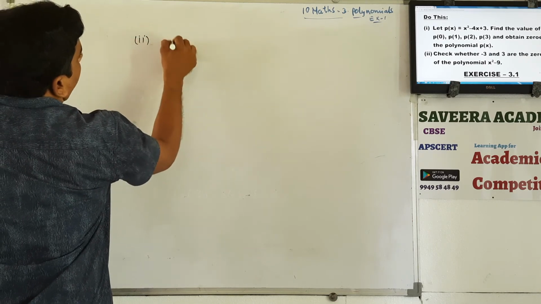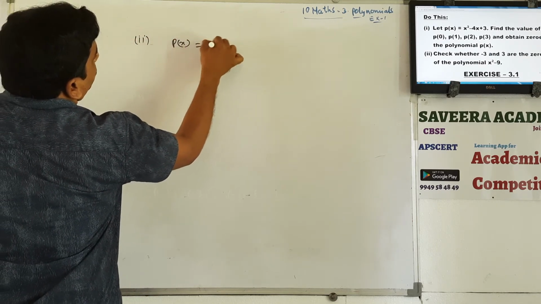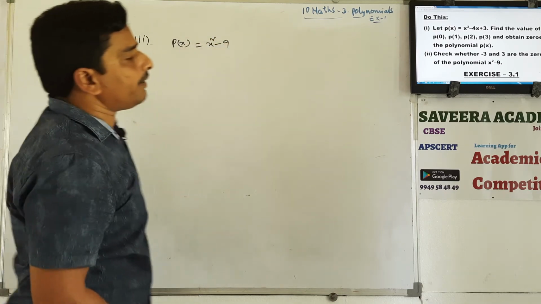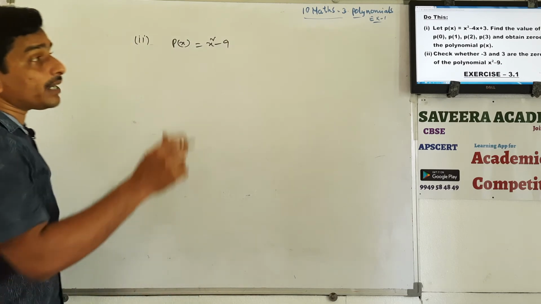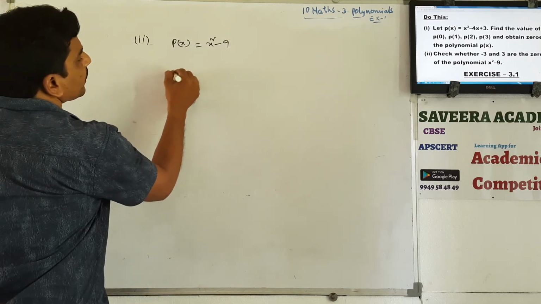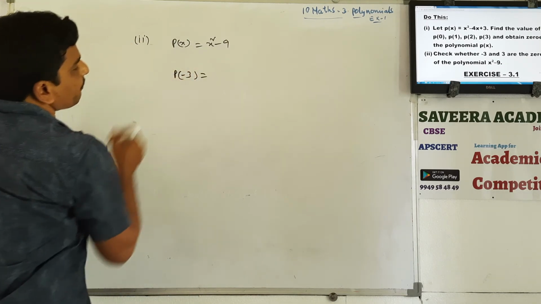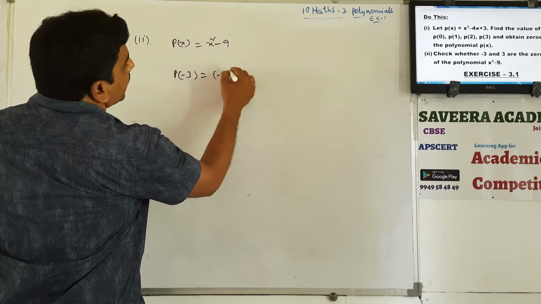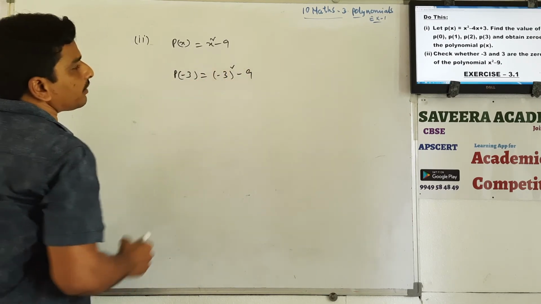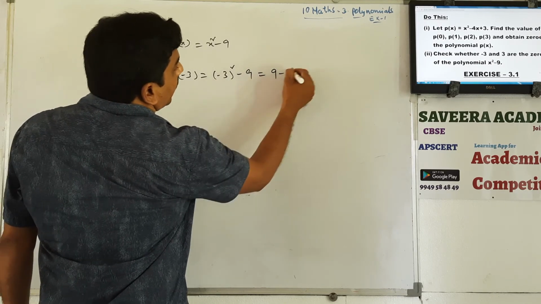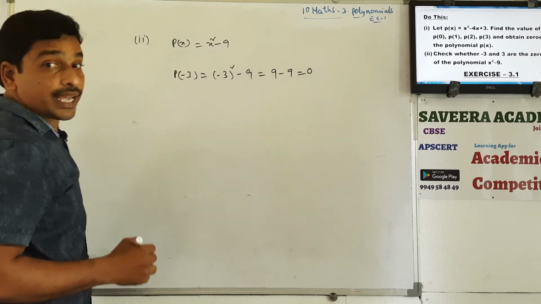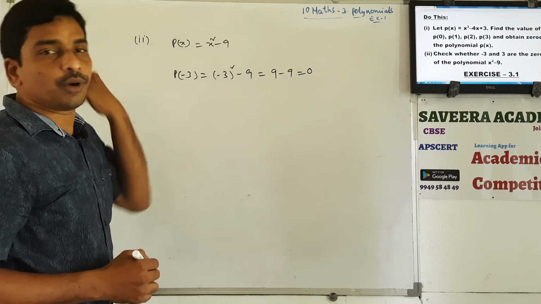I will take p of x is equal to x square minus 9. We have to check minus 3 and 3. So put minus 3. First find p of minus 3. Minus 3 whole square minus 9. Minus 3 whole square means you will get 9. 9 minus 9 is equal to 0. Yes, minus 3 is a zero of that polynomial.